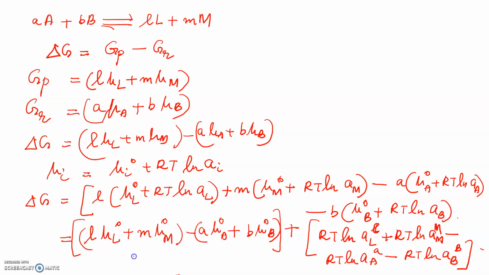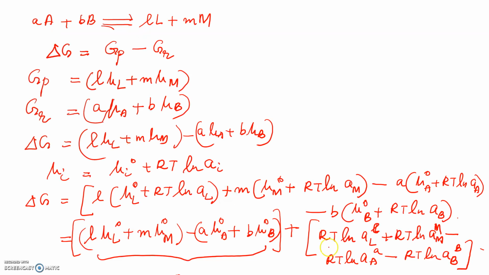Take a look at the standard-state term. What does that mean? That is mu 0 of products minus mu 0 of reactants. What is that? That is delta G0.